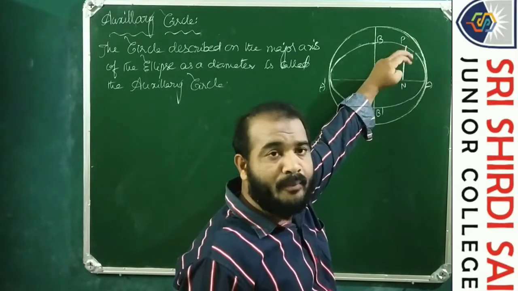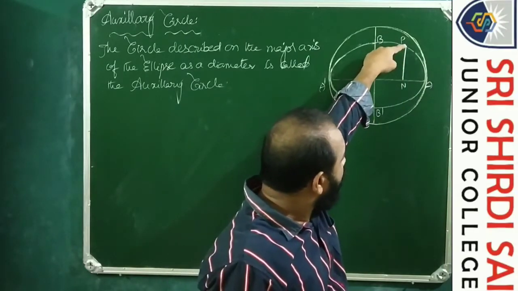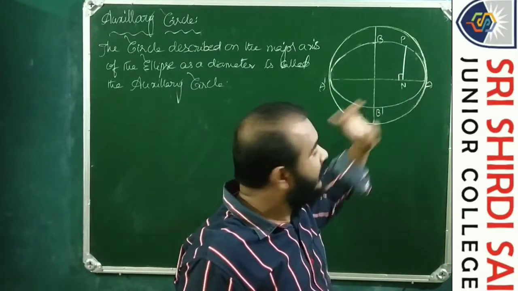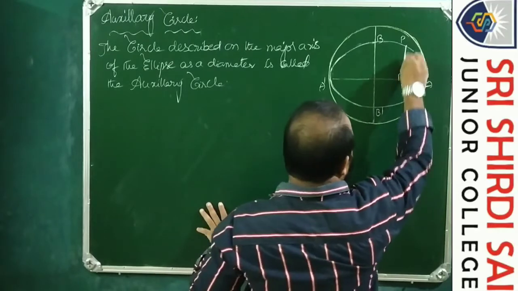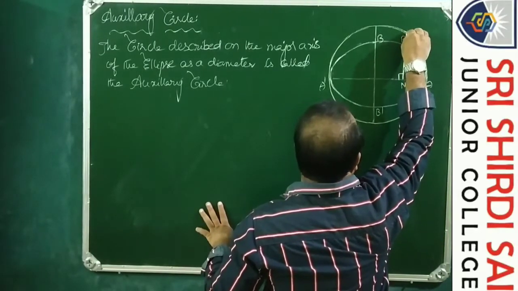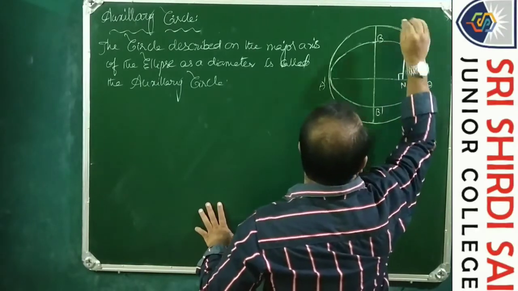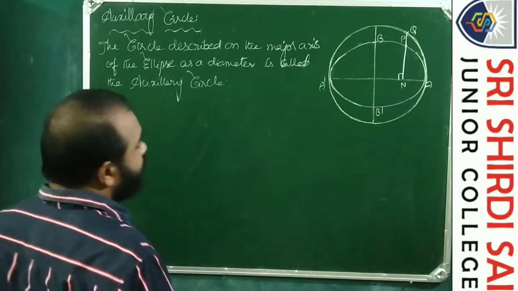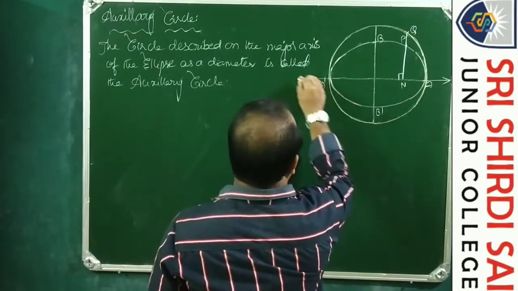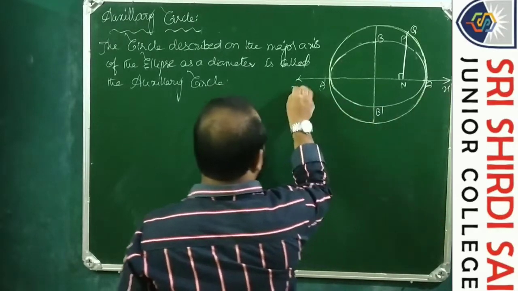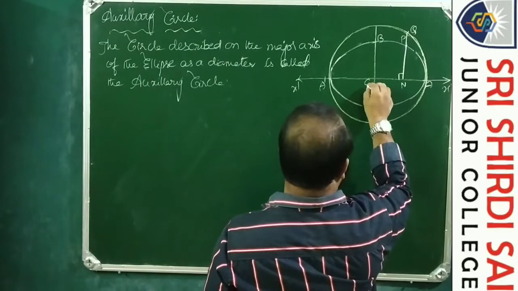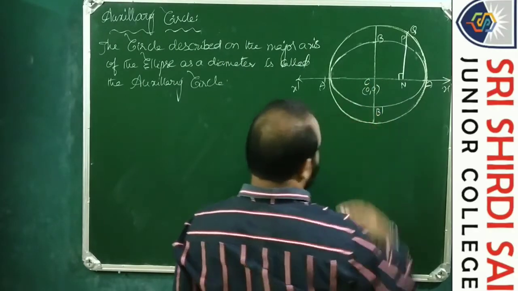Draw a perpendicular PN on the major axis of the ellipse, and produce PN to meet the auxiliary circle at Q. So this is our x-axis, x dash. Here this is the center of the ellipse, which is 0 0, the origin.